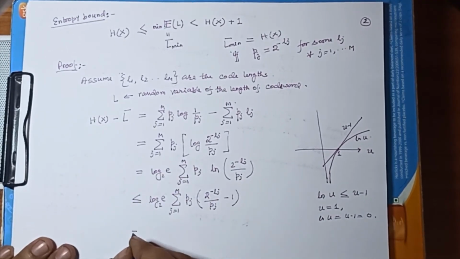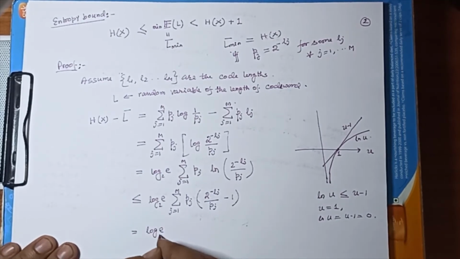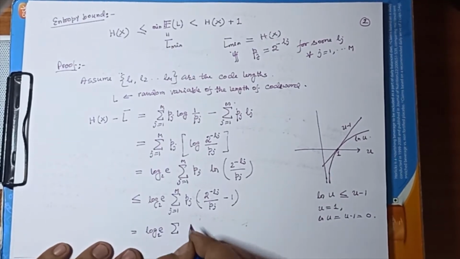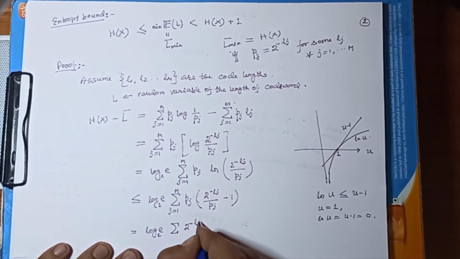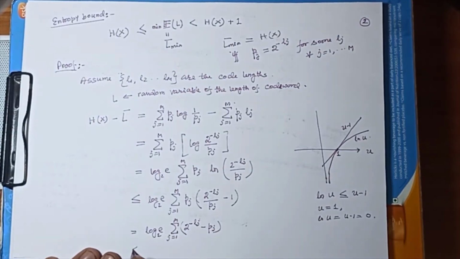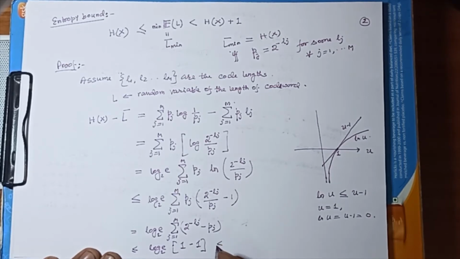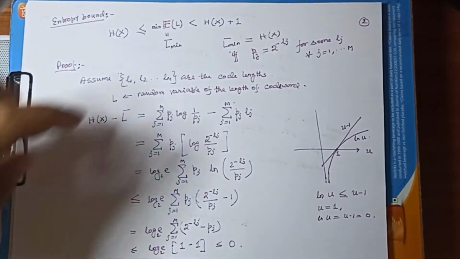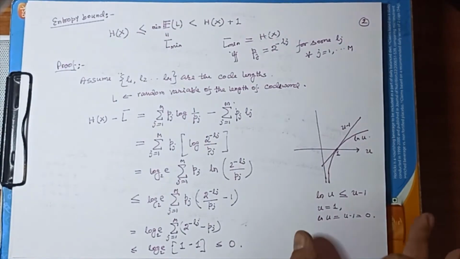Now this is equal to log E summation of (2 to the power minus Lj minus Pj), j is equal to 1 to m. Now the first part is the Kraft inequality, so that is less than or equal to 1 and the second part is obviously 1. So this is less than or equal to 0. So this side is established already.